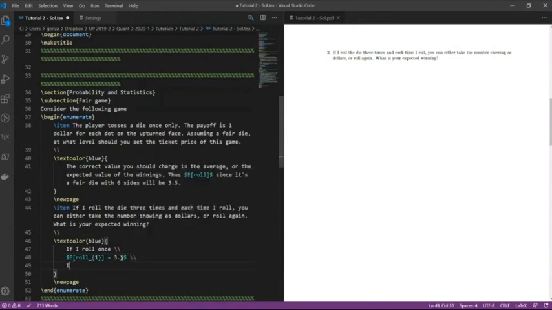Now if I roll twice, then think about it. I only want to roll again if I'm risk neutral, so I don't have any aversion nor am I a risk lover. If I'm risk neutral, I want to roll whenever I'm feeling like my chances could be better.